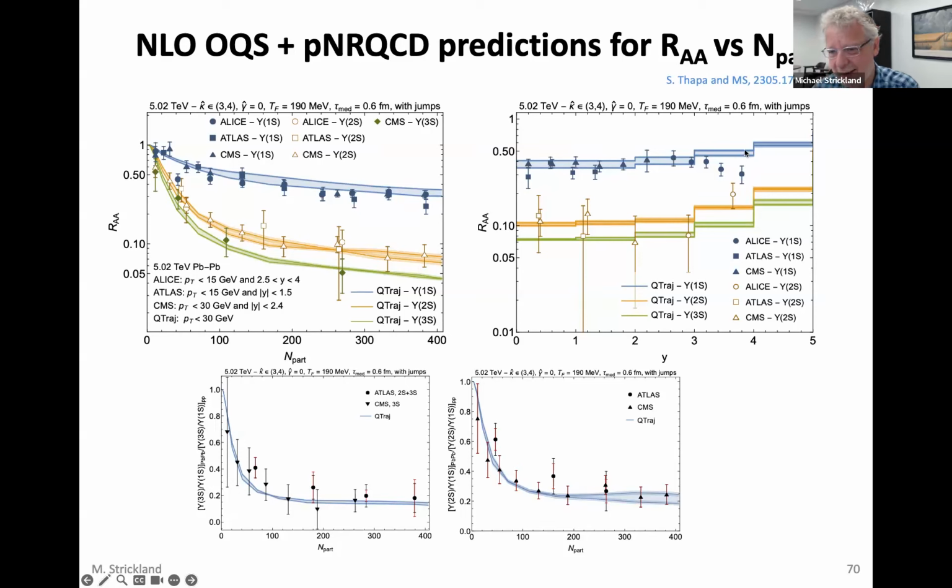That's what we like to say in heavy ions when things don't agree with the data exactly. There's some tension here, and we're working on fixing this. I believe this is what people call cold nuclear matter effects, or nuclear modifications of the nuclear parton distribution functions that occur at very large rapidity. But in the central rapidity region, we seem to have a quite good description of the data, and it also improves our description of these double ratios.